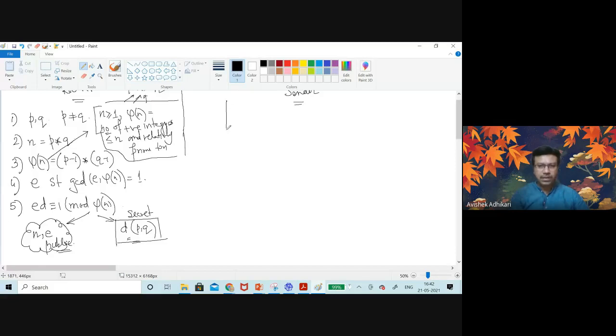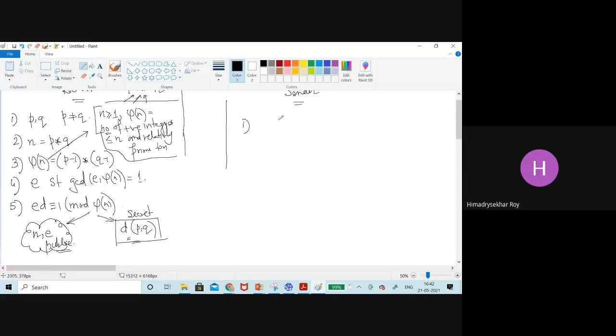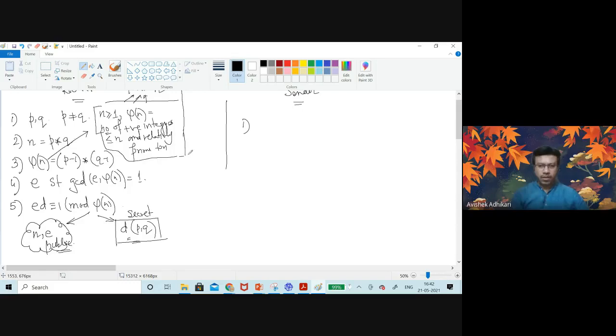Now it's the duty of the sender. Sir, about the definition of phi of n, less than or equal to n, it should be less than n, sir. In my class I have already defined it. So can you just repeat the definition of phi of n? Except for less than or equal to, everything is the same as your definition.